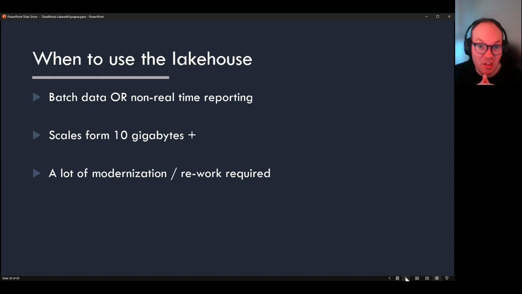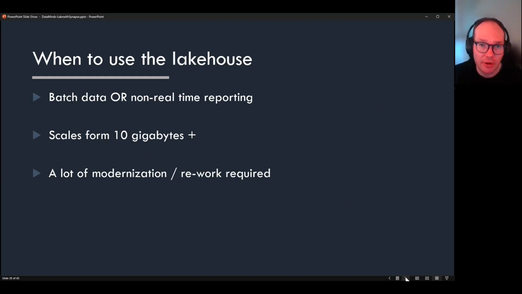Certainly anything at 100 gigs plus works quite well and doesn't require too much thinking. 10 gigabytes to 100 gigs, you need to be thinking about how much processing are we doing? Are we over processing the data for what that is? And maybe things like Power BI data marts is where that sort of 10 to 100 gigs starts to work really well. But similarly, you can make the Lakehouse architecture work quite well.